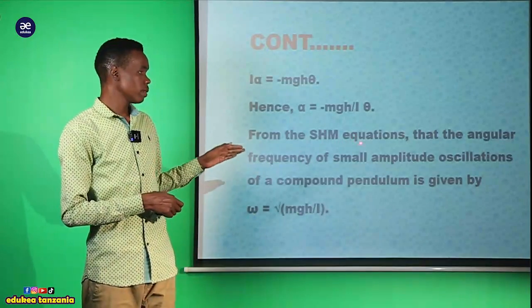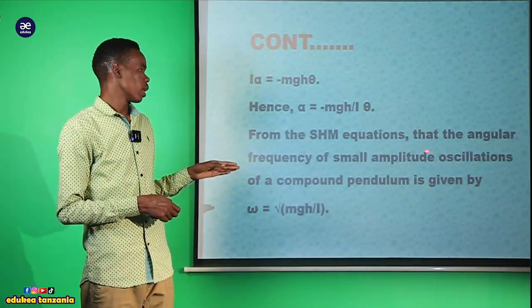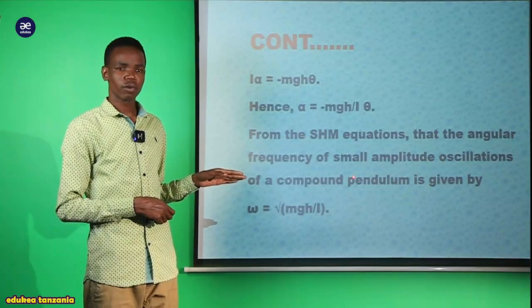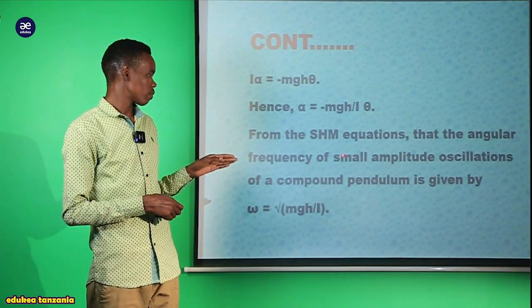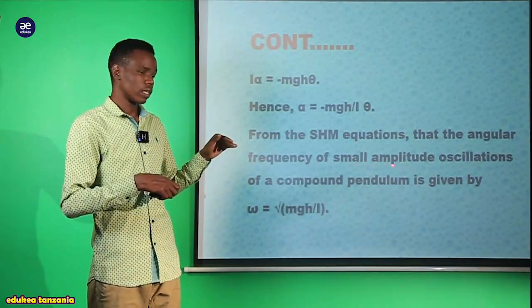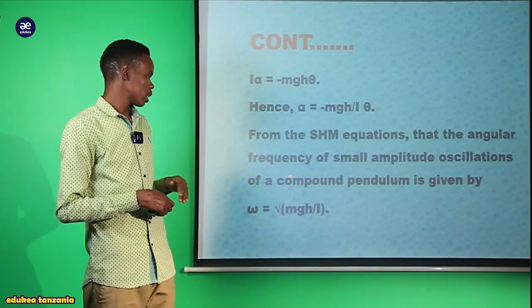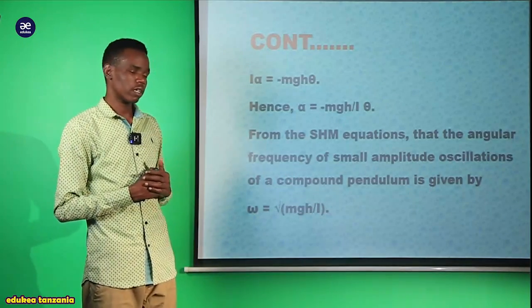But for simple harmonic motion, the angular frequency of the small amplitude oscillation of a compound pendulum is given by this.